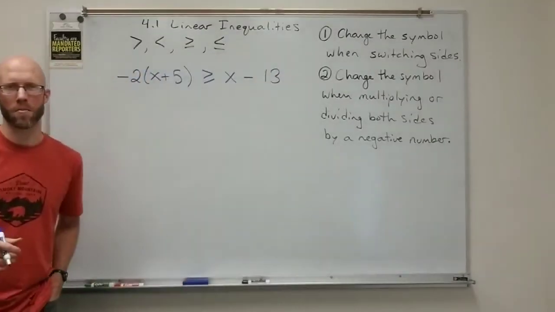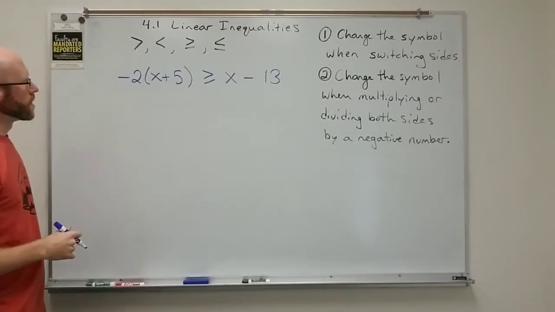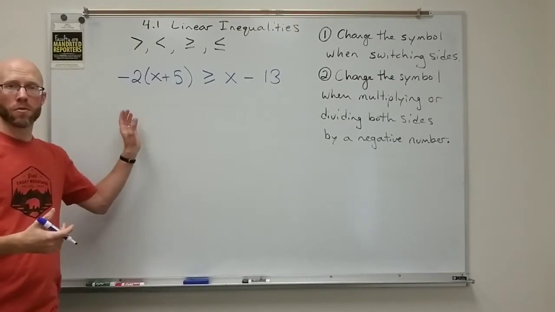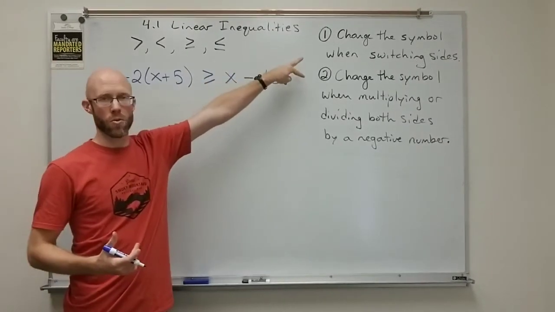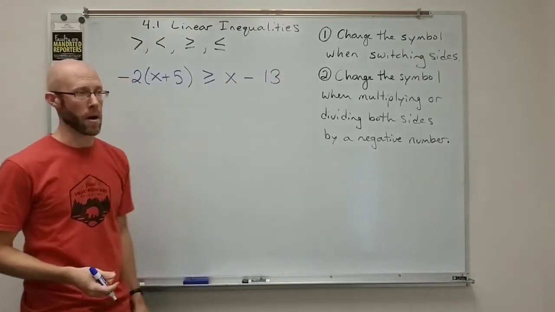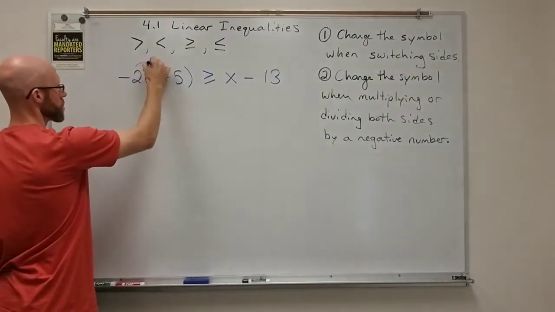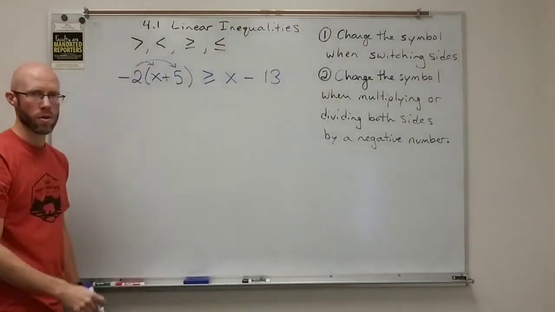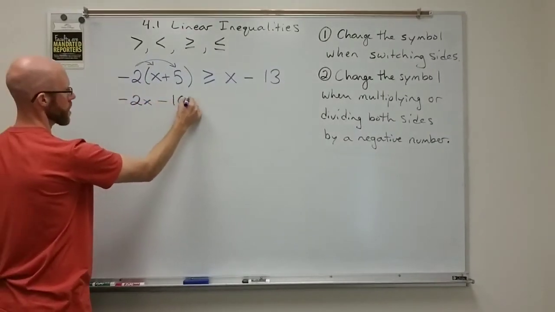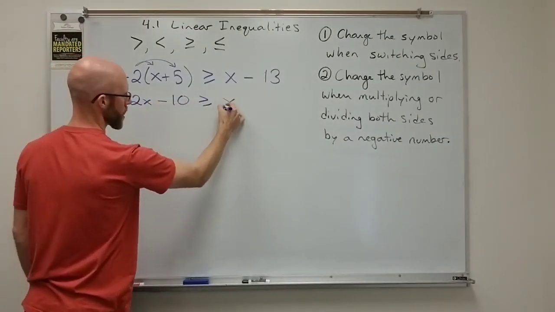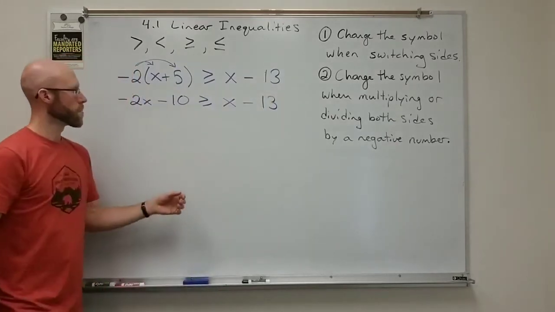I'm just making something up that might work out nicely. And so on this one, we're going to solve it as though this was an equation, except for these two properties we've got to keep in mind. So I'll just solve it using distributive property, just like I would an equality. So -2x minus 10 greater than or equal to x minus 13.